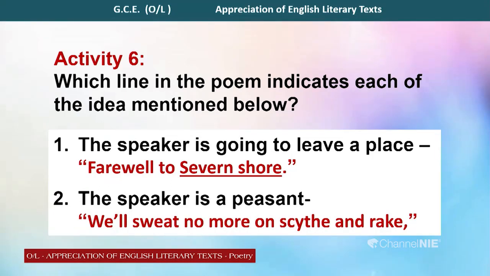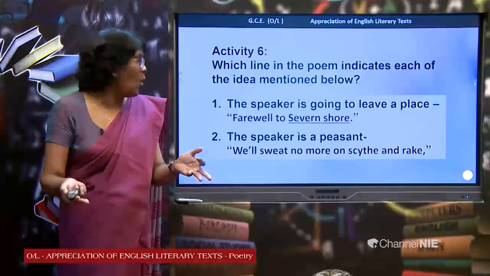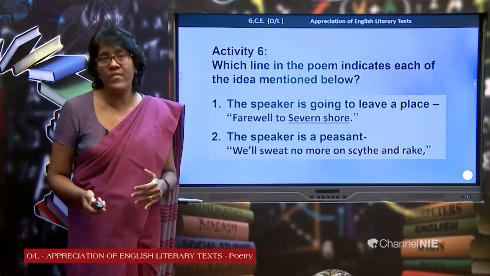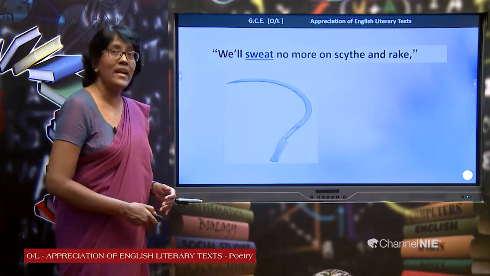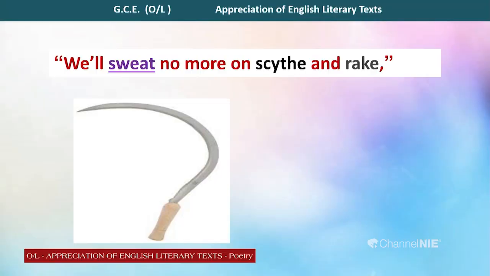It's a hard life. The speaker is a peasant, a farmer. He's from an agricultural background who used to work in a farm. He says, we'll sweat no more on scythe and rake. Have you seen the rake and the scythe? You can see the curved blade of that.